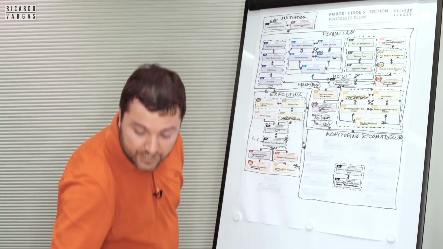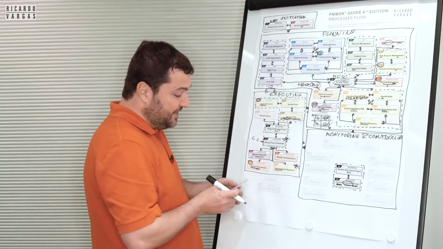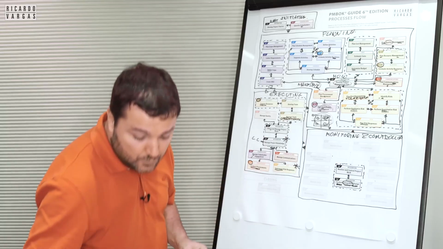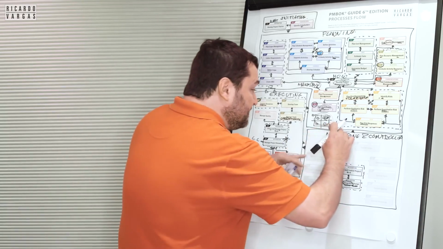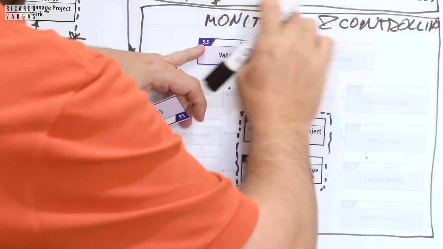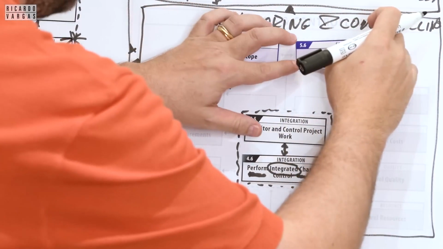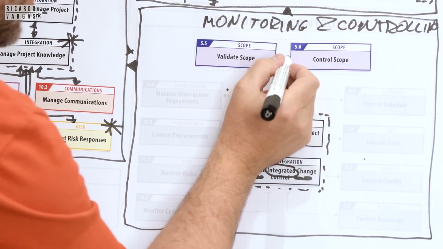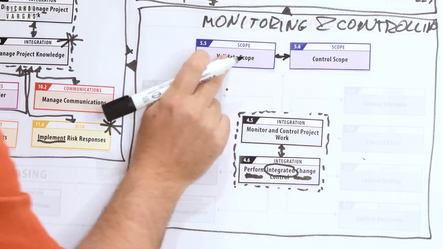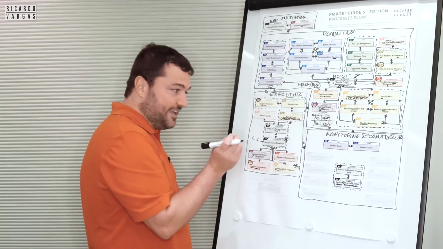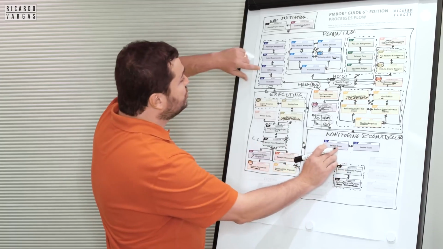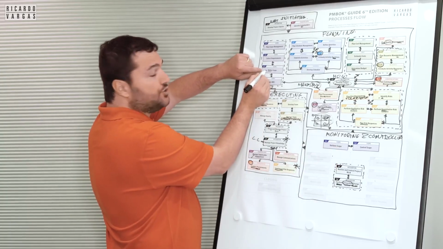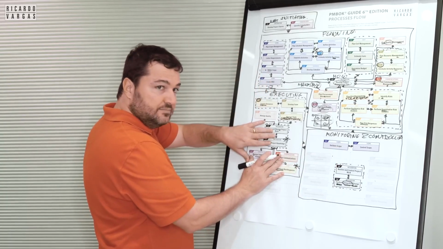The first work I need to do is basically I need to validate the scope and then control the scope. What's the difference here? It's just a check. I check that the scope defined in the scope statement was delivered.